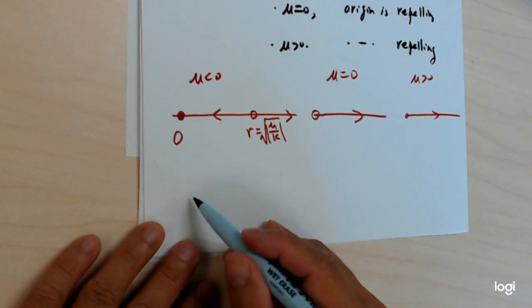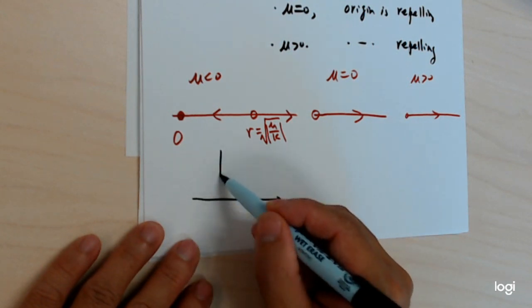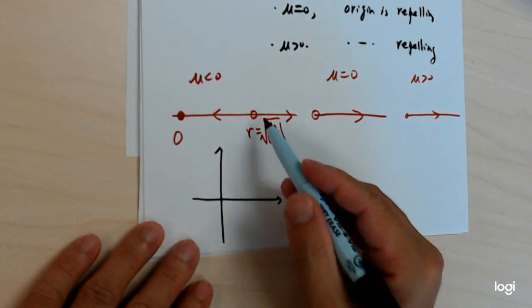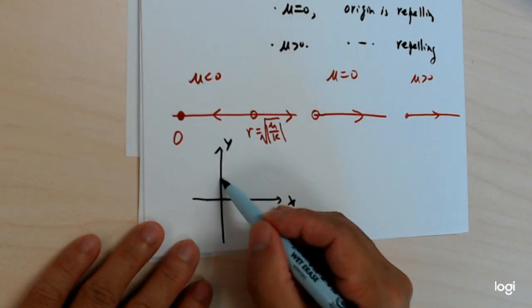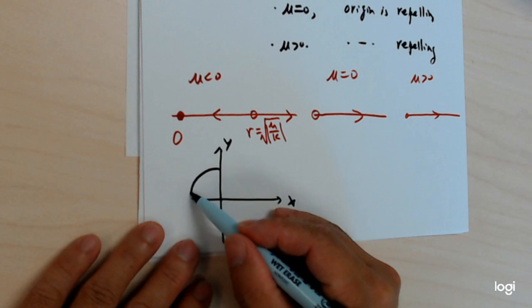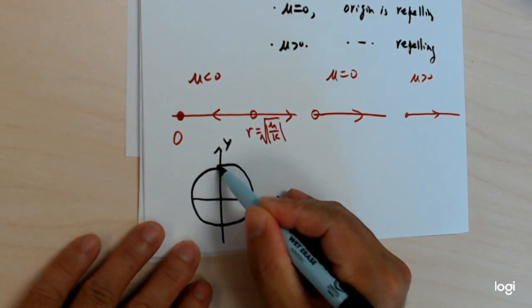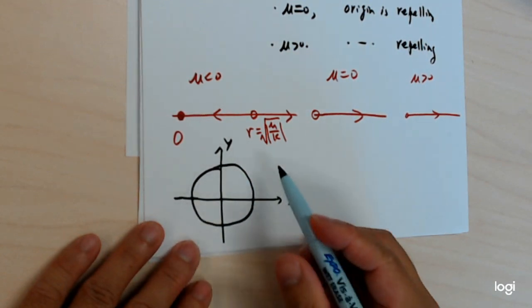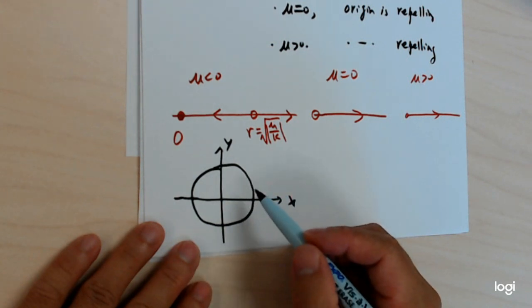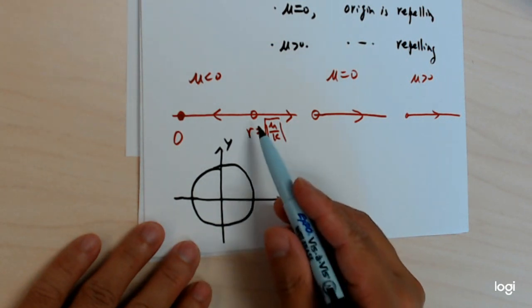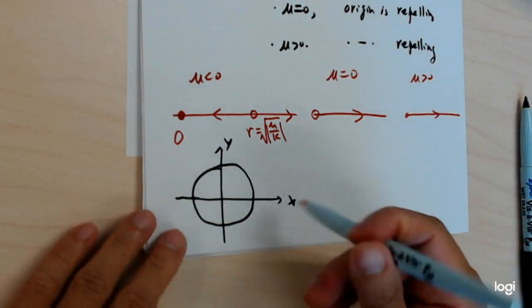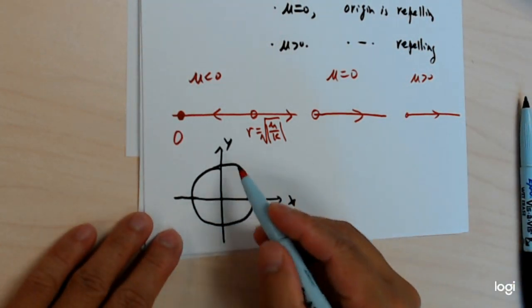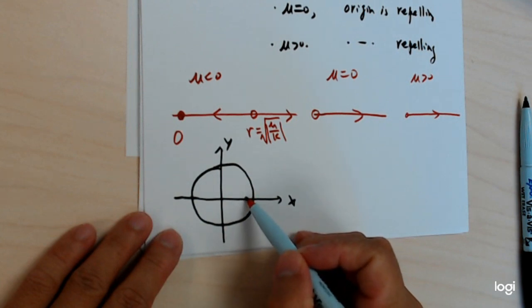Here's the phase portrait for this case, with R, X, and Y. There is this circle here that is repelling. So if you start somewhere around here, for example, the trajectory will move closer and closer to 0.